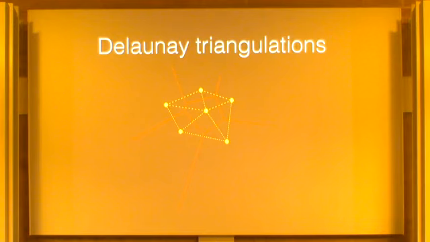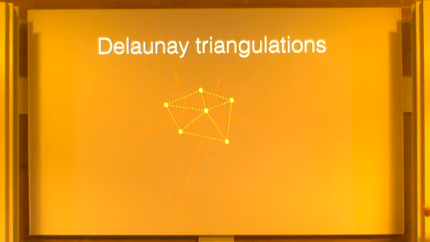you can build triangles that are based on these points. And if the triangles that you build have a nice property, which is called the regular property or the Delaunay property, then the lines that are drawn by connecting the centers of the circumcircles of these triangles are safest paths between the points.